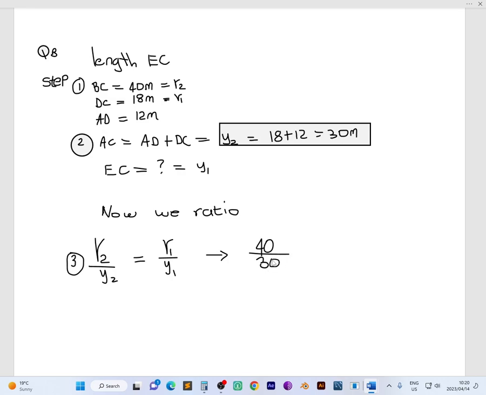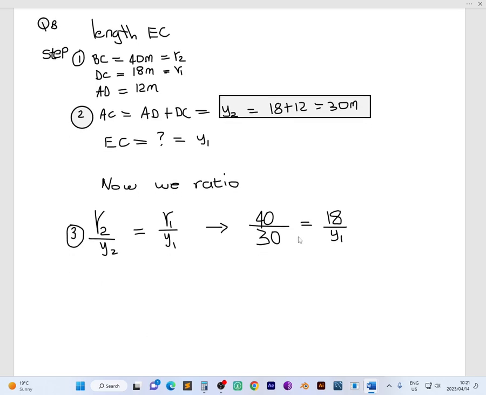over 30. Okay, 40 over 30 equals 18 over Y1. Remember, Y1 is the EC that we need to calculate. Then we cross multiply, that will be Y1 times 40 equals 18 times 30.